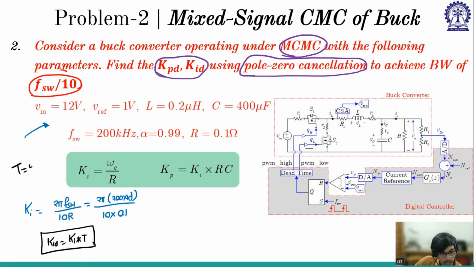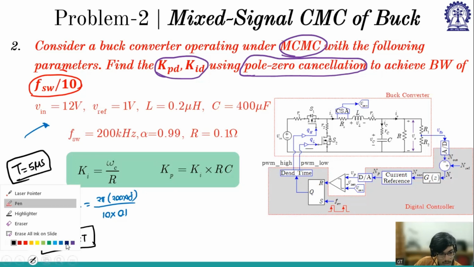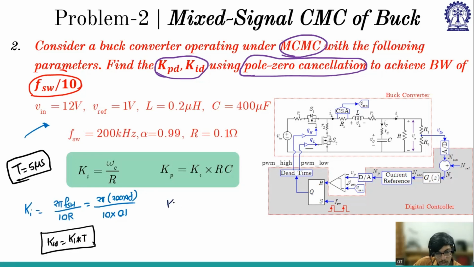T is 5 microsecond, same as the previous question. After getting Ki, I will do Kp equals Ki into RC, where the denominator becomes 1. So it will be 2 pi into 200 into 10 cube, into r is 0.1, into C is 400 microfarad, 400 into 10 to the power minus 6. 2 pi into 2 is 4 pi into 10 to the power 5, into 0.1, into 4 into 10 to the power minus 4.